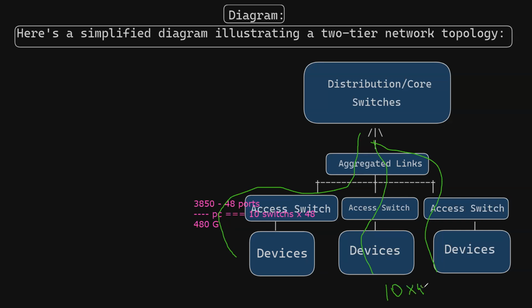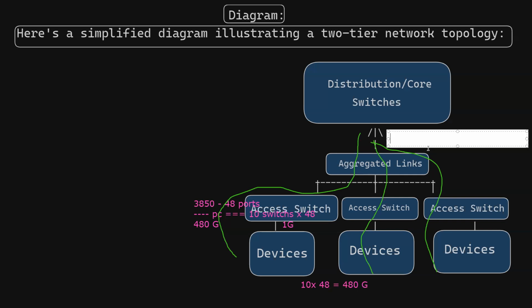Whatever interfaces we have, the interface speed is 1 gig. Suppose this is a 1 gig link. So what will be the overall, 10 switches into 48 ports? That means 480 gig. The bandwidth requirement that you have at this point will be 480 gig, right?